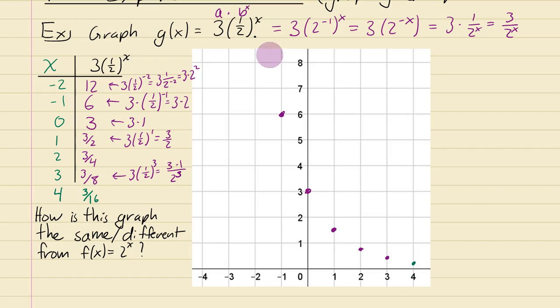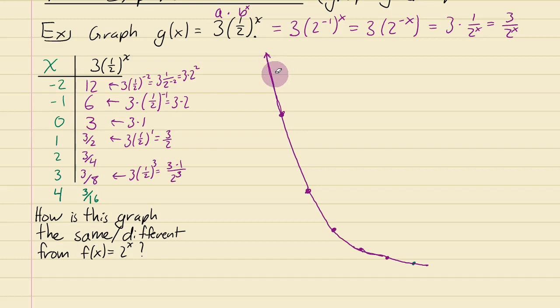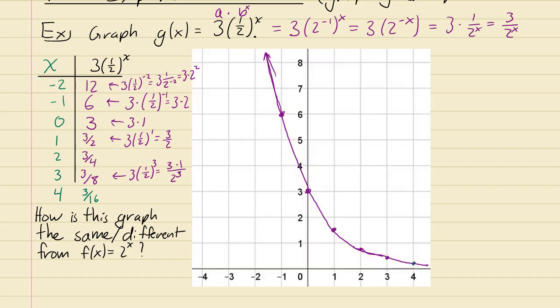So the graph is going to have that -2, 12 point on it up there, and we know it's just going to get closer to y equals 0 out there at that horizontal asymptote. Okay, so it looks something like that.